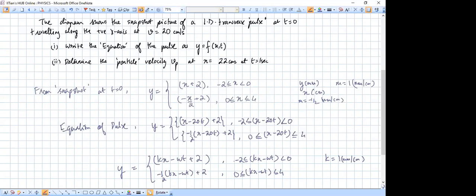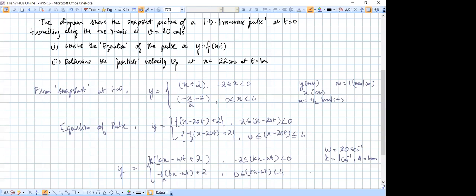Or we can even think of it like this, that k is actually 1 centimeter inverse. There is an epsilon over here, and that epsilon is equal to 1 millimeter, and omega is 20 second inverse.